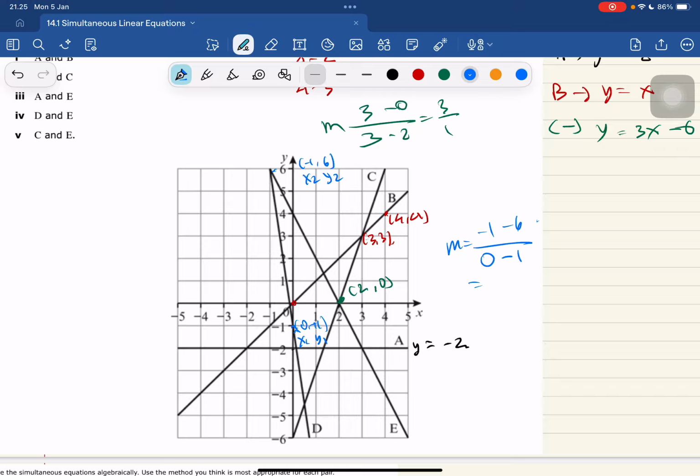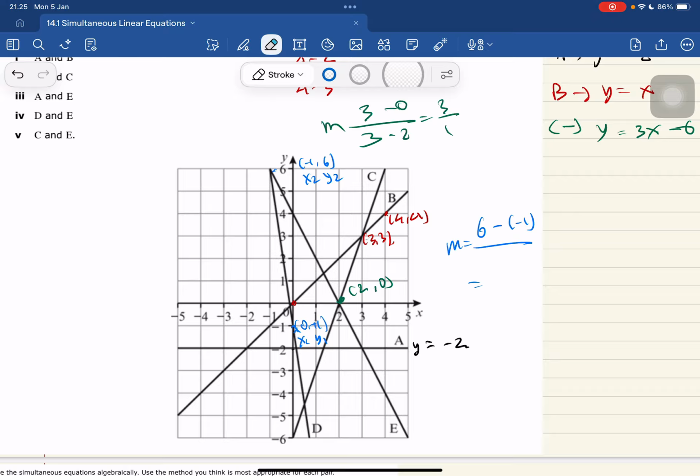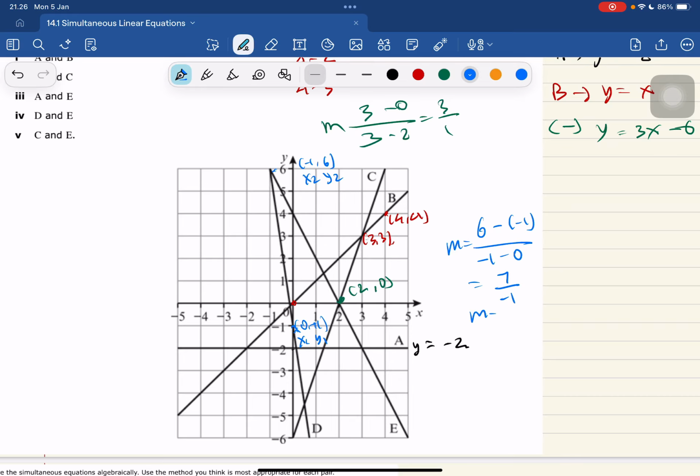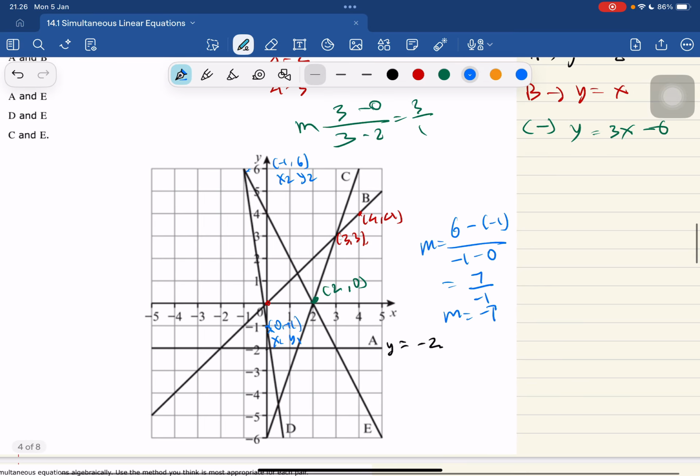Okay, y2 is 6 minus minus 1, and minus 1 minus 0. So it's going to be 7 divided by minus 1. So the gradient is minus 7. So for D, y equal to minus 7x, and the y-intercept is minus 1. So minus 7x and minus 1.